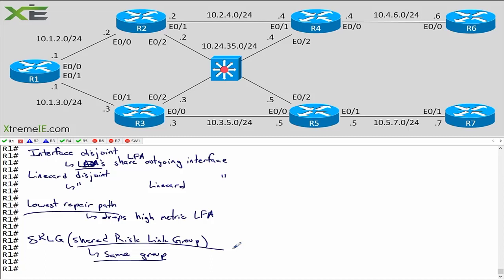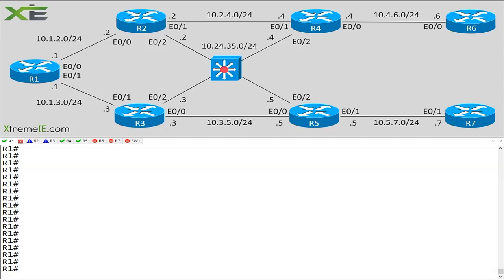So you can group different interfaces, and if they're in the same group, it won't use them both at the same time for the same loop-free alternative going to that path, because it knows if you lose one interface, you may also lose the other one because they're in the same grouping. This is more of an admin thing that you would go back in and set, and you can change what the values are.